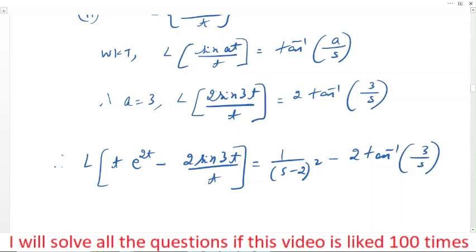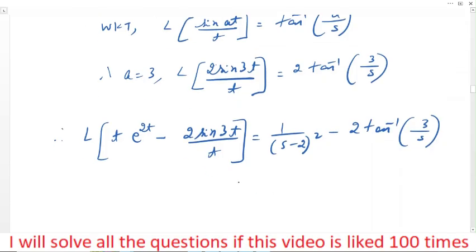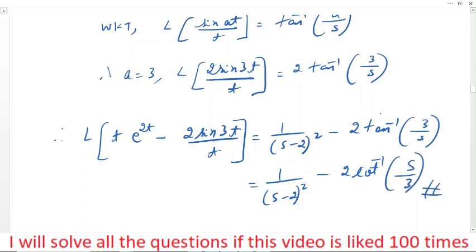Sometimes if you simplify this, you can also write this as 1 upon (s minus 2) the whole square minus 2 times cot inverse s by 3. So it is a simple modification. Instead of tan inverse, you just interchange to 2 cot inverse s by 3. We want s in the denominator, not the numerator, therefore we have interchanged. That's it. This is how we have done the simplification.